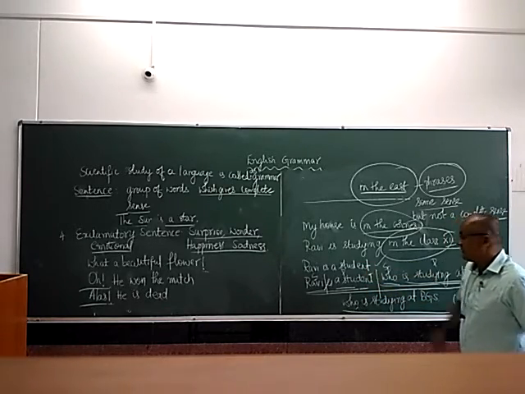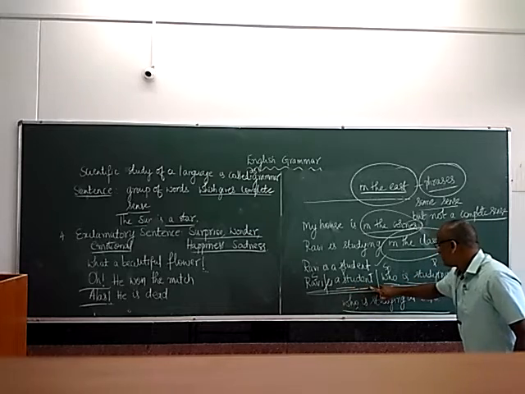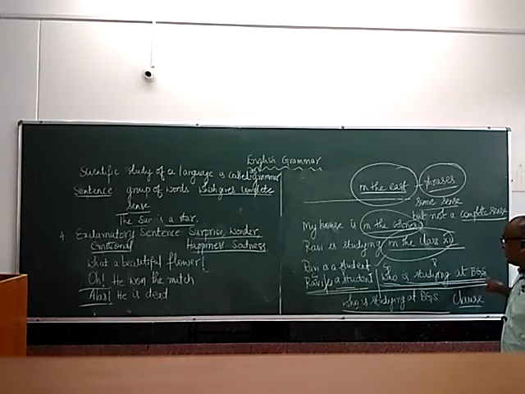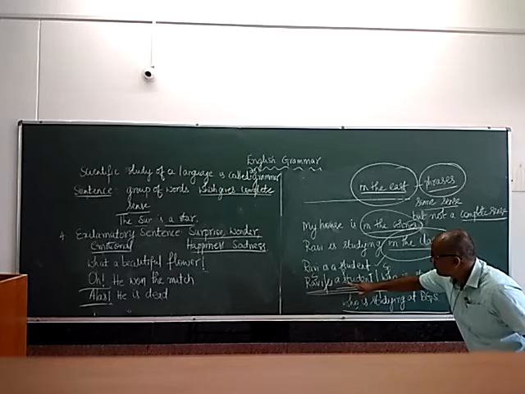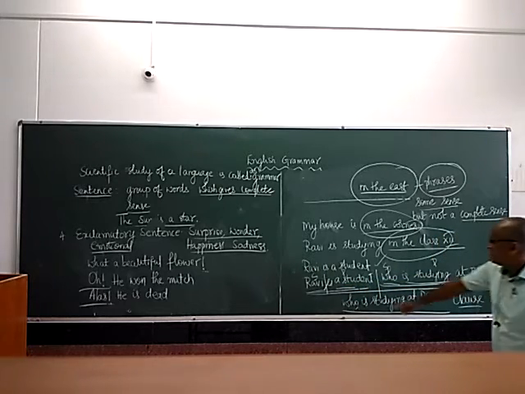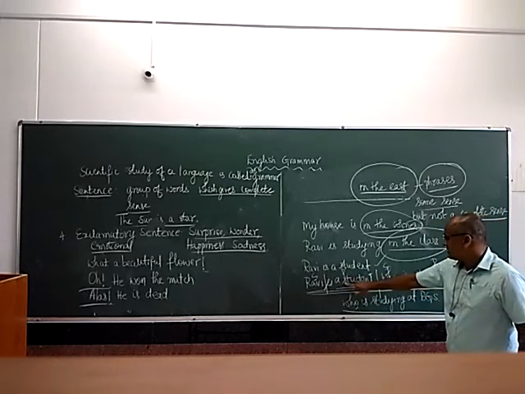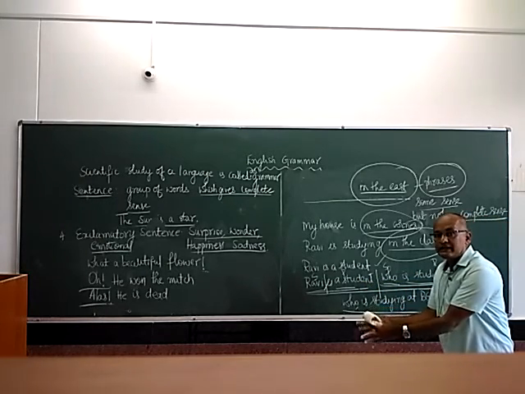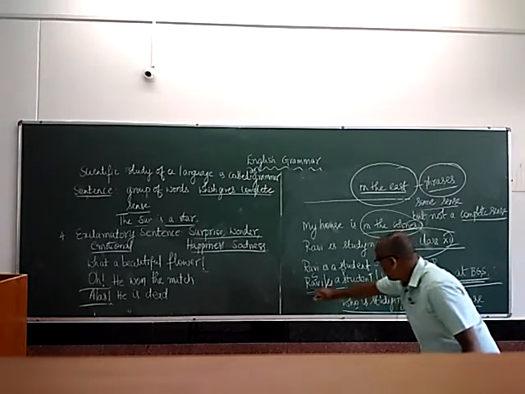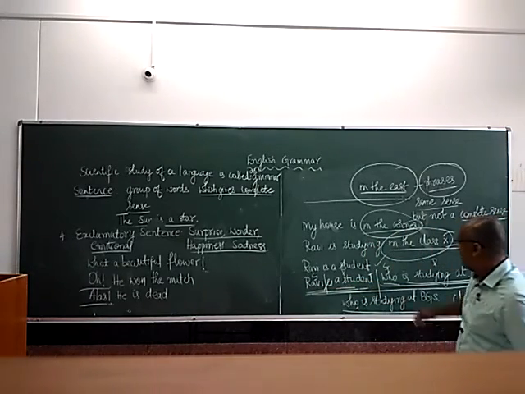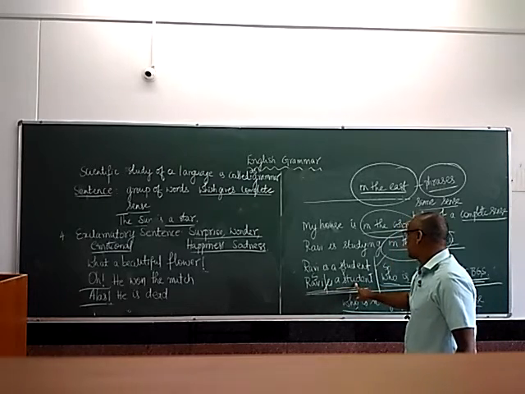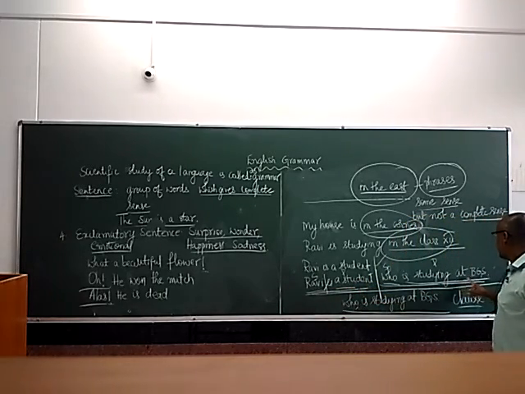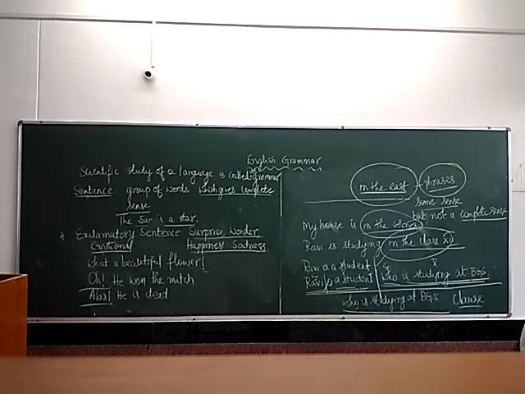Ravi is a student who is studying at BGS. Both are parts of the sentence, and they have their own subject and predicate. Ravi and who are both subjects; is a student and is studying at BGS are both predicates. They are there in one sentence. If you have this kind of sentence, each part will be called a clause. Ravi is a student, it is one clause. Who is studying at BGS, that is another clause.